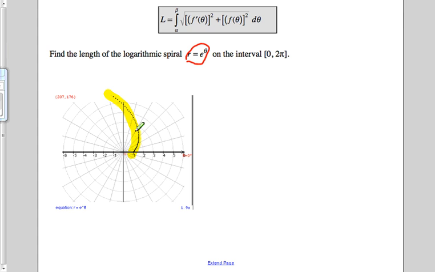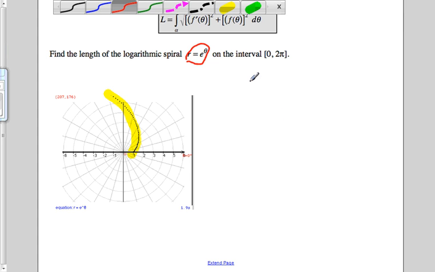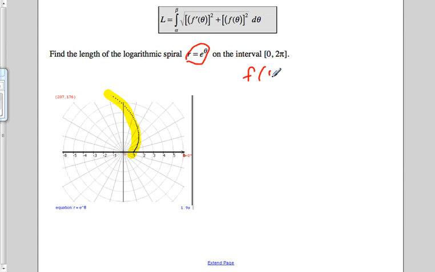We want to find the length of this logarithmic spiral. So we know that our function f of theta equals e to the theta. And we know that f prime of theta, taking the derivative, the derivative of e to the theta is just e to the theta.